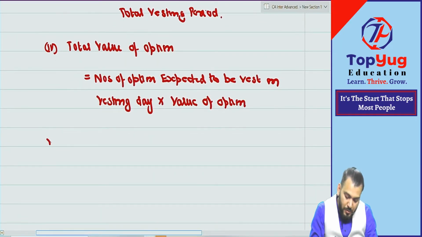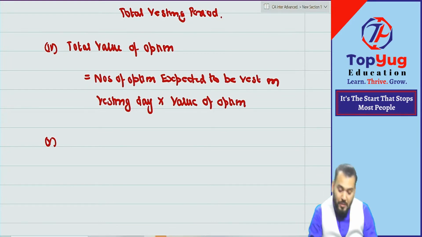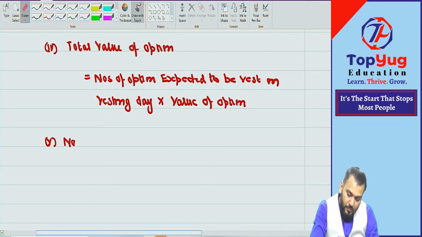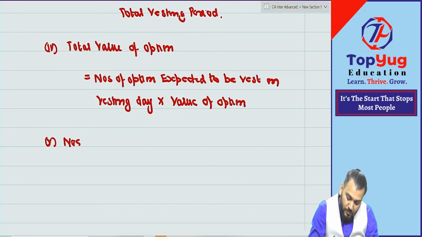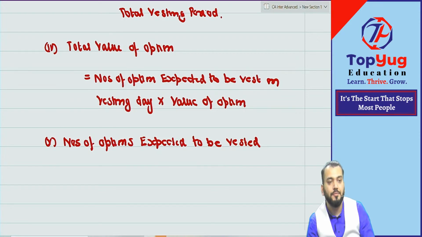Understood. Now how to calculate the number of options expected to vest? Write down. Number of options expected to be vested on vesting day is equal to what?